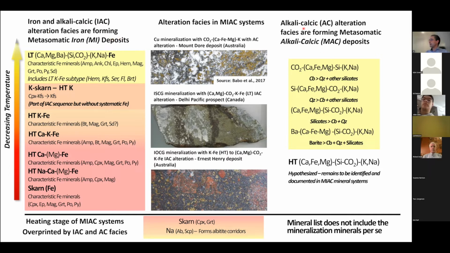And then the alkali calcic alteration facies, those in which iron is not a predominant component, it can be there, but it won't be extremely abundant. They can form metasomatic alkali calcic deposits because the alkaline earth and the alkali will still remain extremely important components of the different types of alterations that are possible in association with the mineralization.